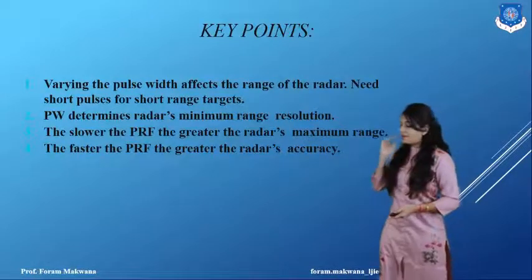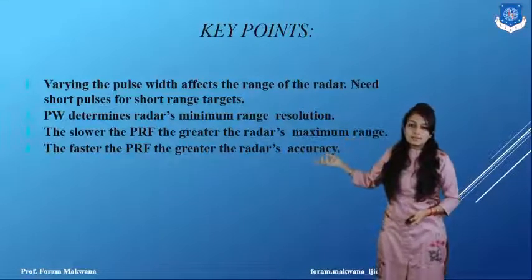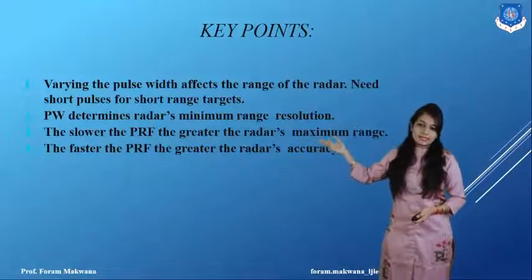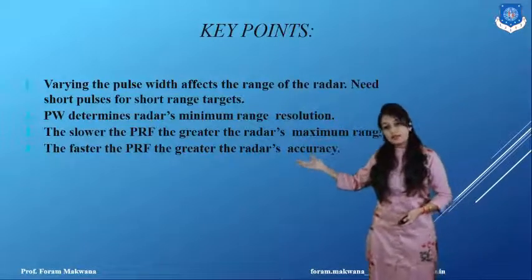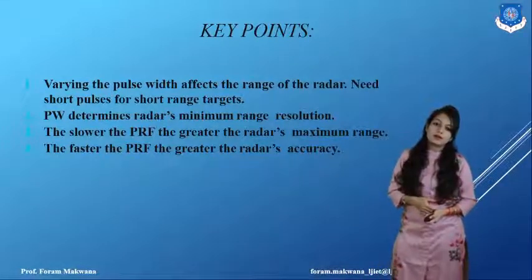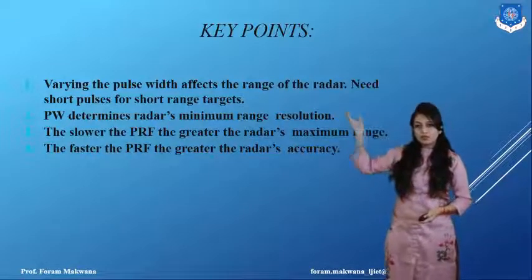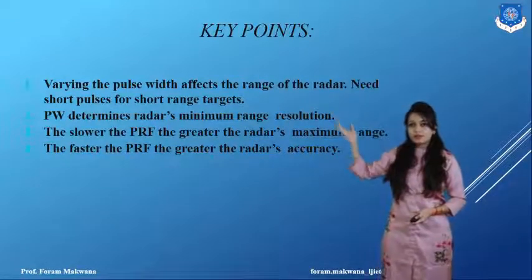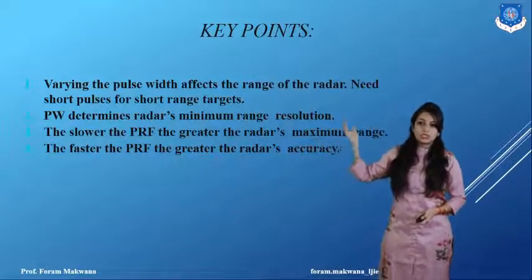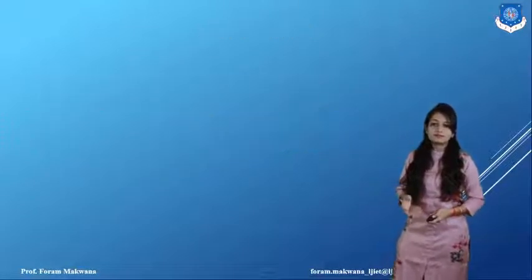So by slowing or increasing the PRF, we are able to get the maximum radar range, as well as increase the accuracy of the radar. So these are the key points which relate the pulse width and PRF with radar range and radar accuracy.